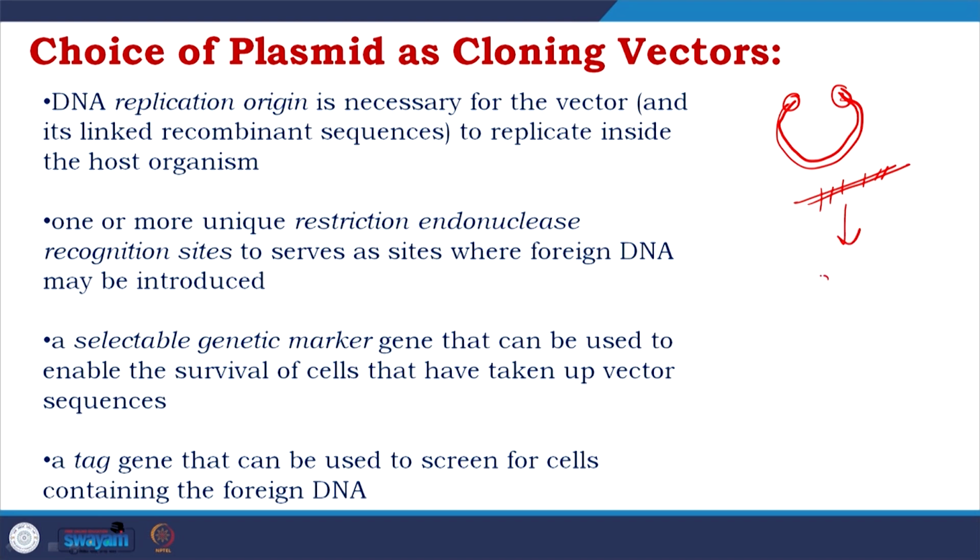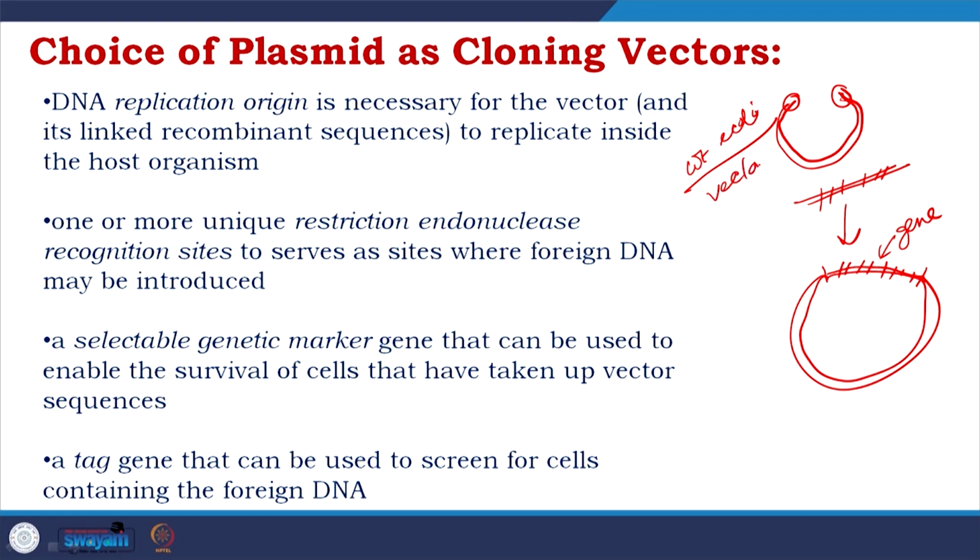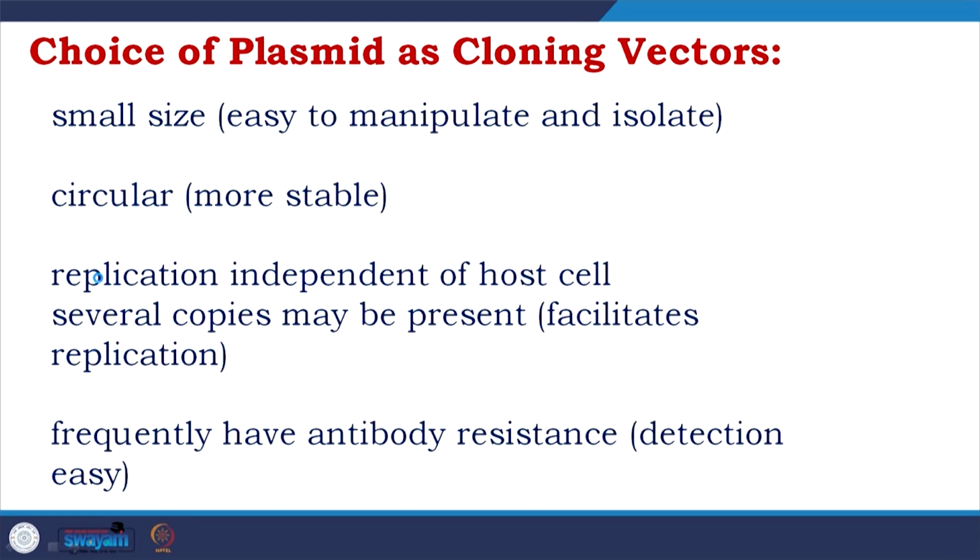Then when you clone, this is your gene inserted. How do you select between the wild type E. coli, vector-containing E. coli and vector plus your gene? That is why you need a tag gene. So, ORI, endonuclease site and selectable genetic marker, that is what we need.